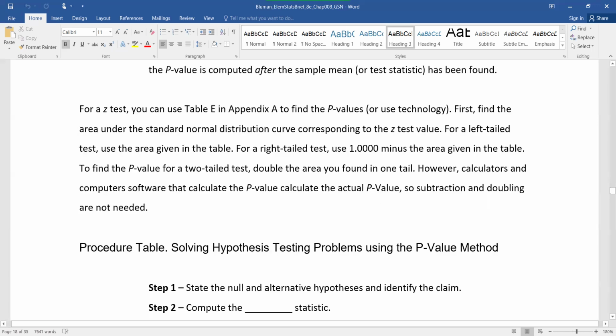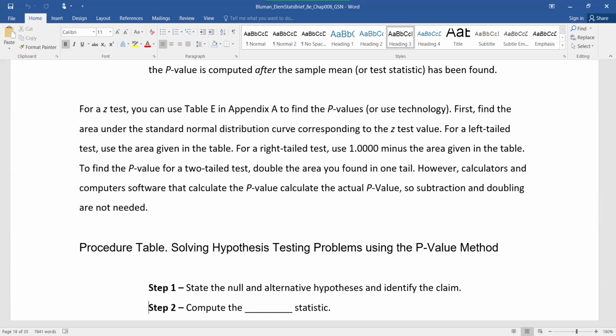For a z-test, you can easily use Table E in Appendix A to find the p-values, or use technology, but we're going to use the table. First, find the area under the standard normal distribution curve corresponding to the z-test value. For a left-tail test, use the area given in the table. For a right-tail test, use 1 minus that result so you can get to the other side in the table.